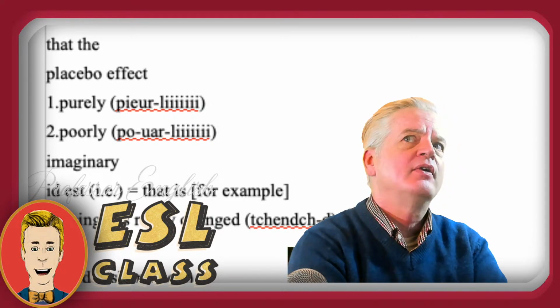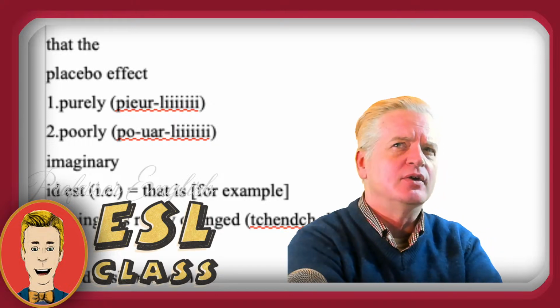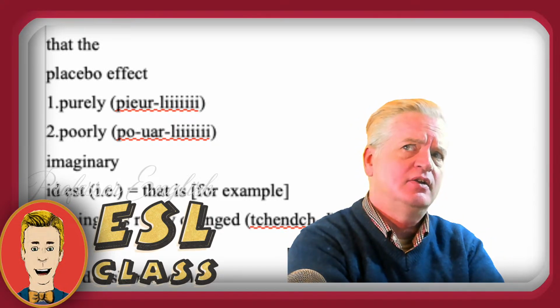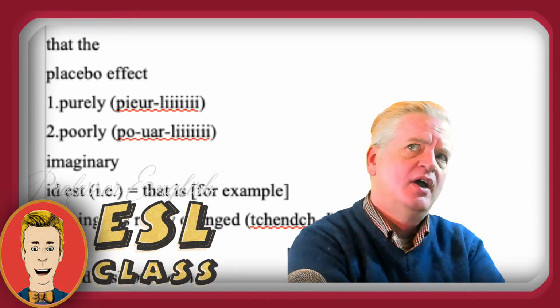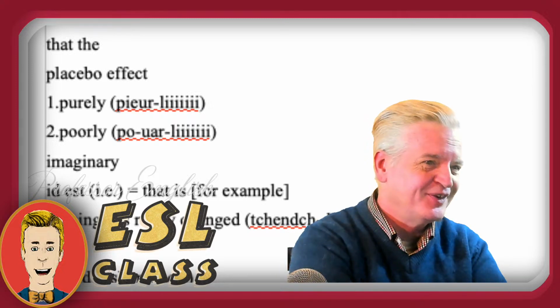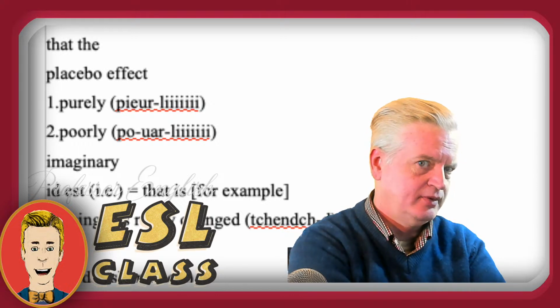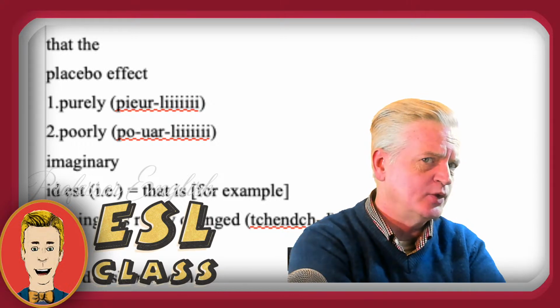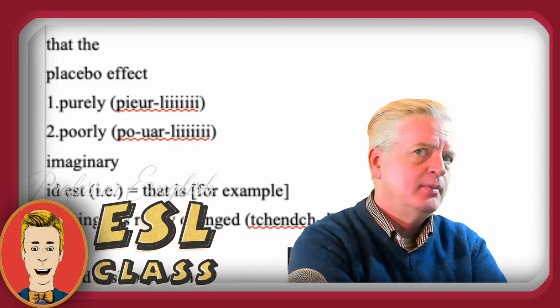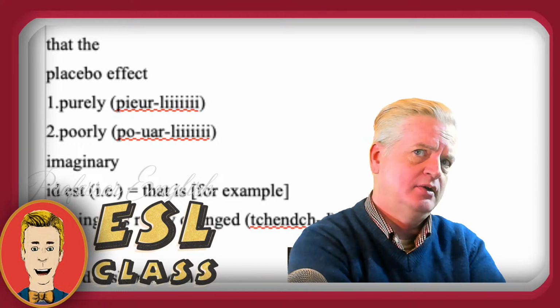Okay, now the next word I think is difficult. Effect. I think that's hard, even for me. I think it's short and then long. Effect. I think that second one is pretty long. Placebo effect.